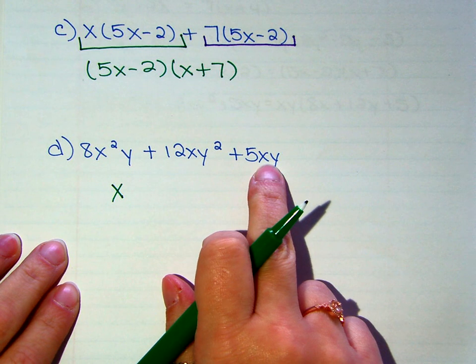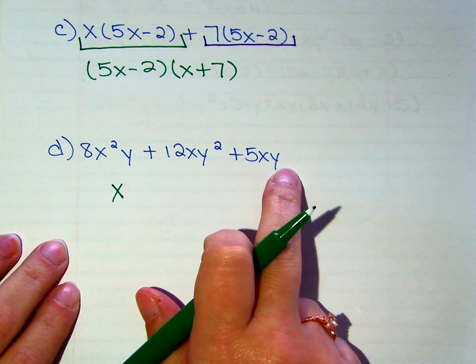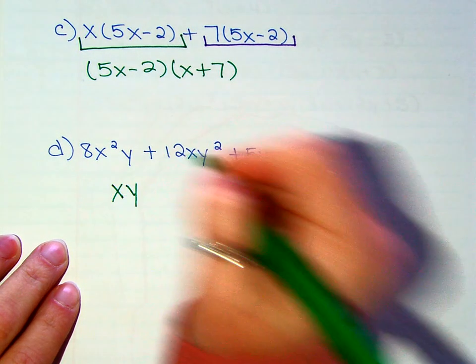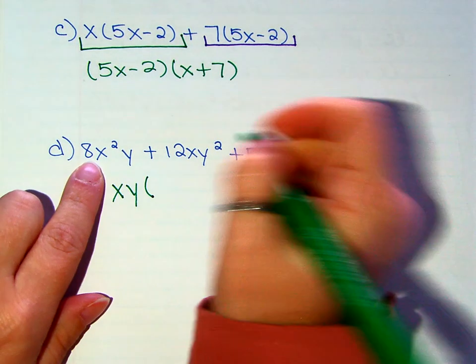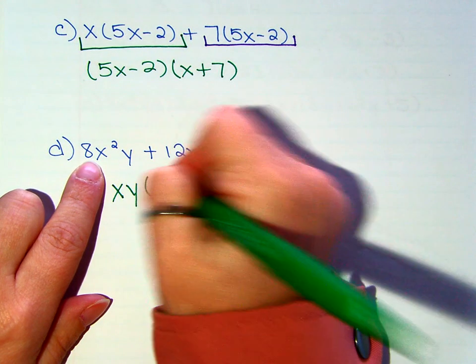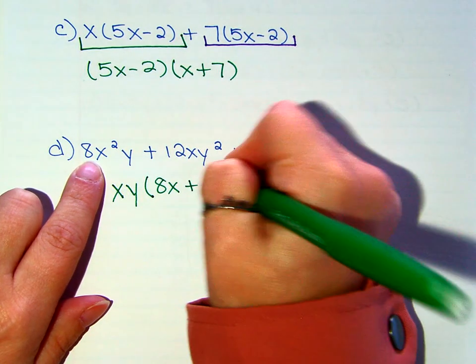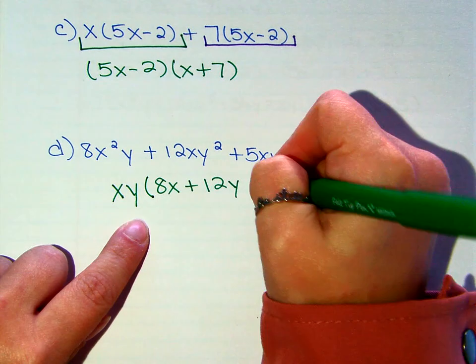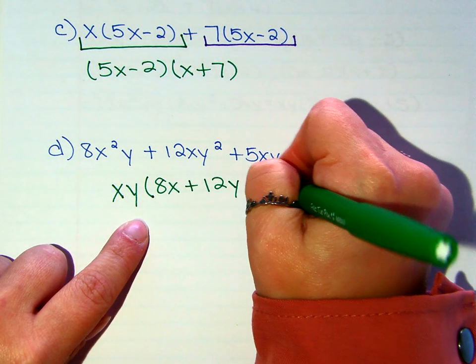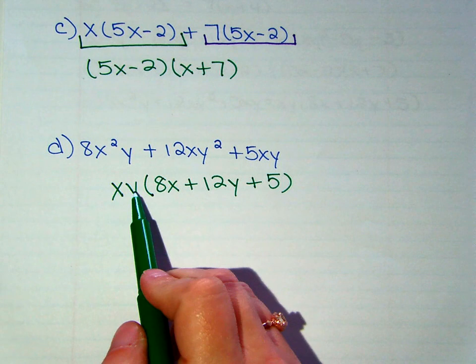I have a y squared, and a y, so I can pull out one y, which would leave me inside my parentheses with an 8x, because my y would come out front, plus a 12, the x would move out front, one of the y's, so just 12y, plus, and then at the end I just have a 5.